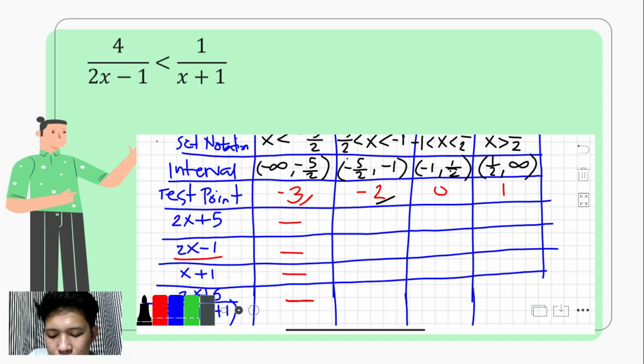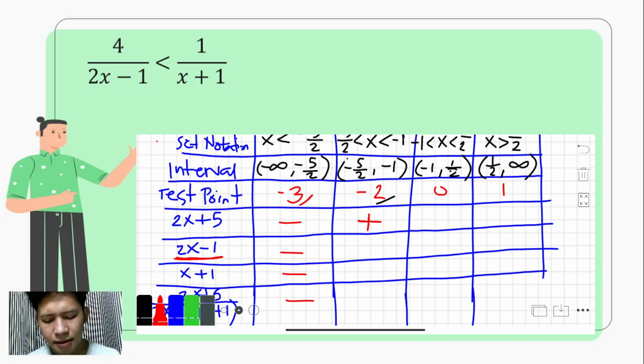Okay po? Next, we proceed with negative 2. So, sa-substitute tayo sa negative 2 kay 2x plus 5. That's 2 times negative 2, that's negative 4 plus 5. That would be positive 1. Hence, that would be positive. Next, we have 2 times negative 2 minus 1. That's negative 4 minus 1, which is negative 5.